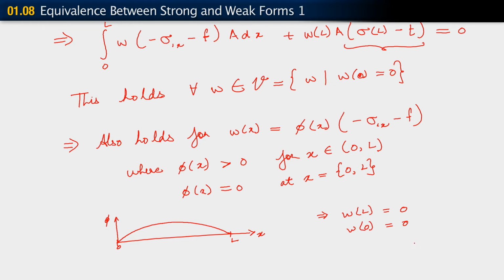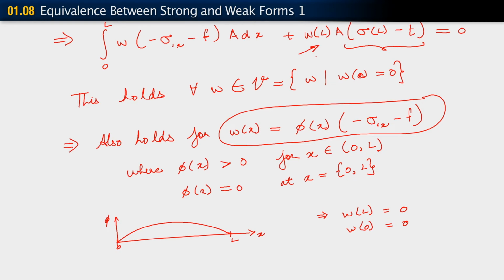In addition, we've assumed a very special one. It's not that we've assumed one. We're saying that because this condition has to hold for all W belonging to V, it also holds for this particular form of W, where phi has the form that we've assumed here. Well, what does that do for us now? Because we've taken a form that makes sure that W at L goes to 0, the second term in this expression for the weak form vanishes.